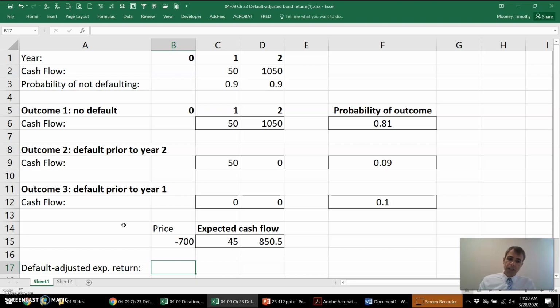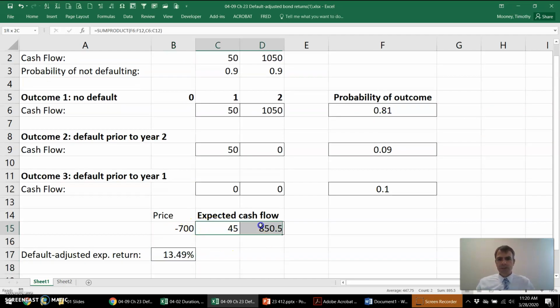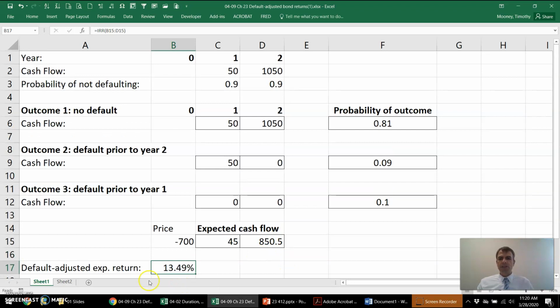Right? And so the IRR function does that for us nicely. What is the internal rate of return of this cash flow stream? What's the discount rate that gives these future cash flows a present value of exactly $700, the price of the bond? 13.49. So there's our default adjusted expected return.